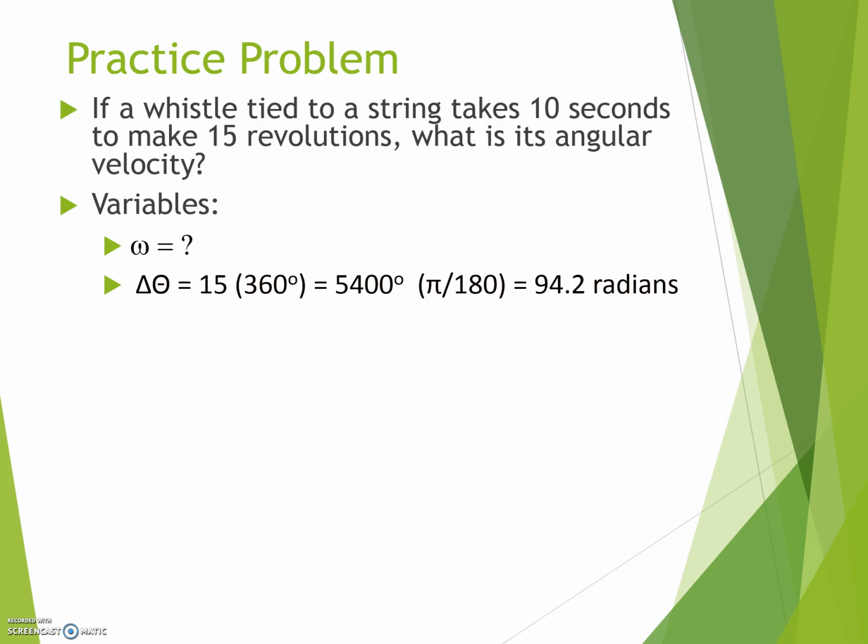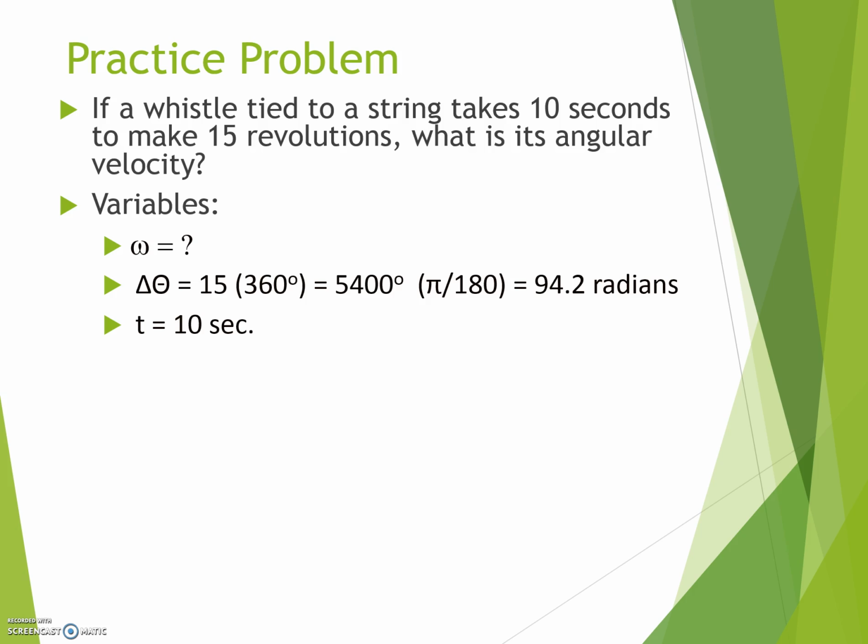So the total angular displacement is 5,400 degrees, but we need that value in radians. So we'll multiply by pi and divide by 180, and that'll give us the angular displacement in radians, which equals 94.2 radians.